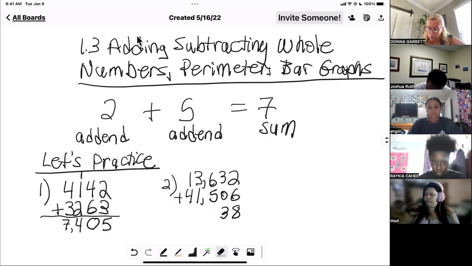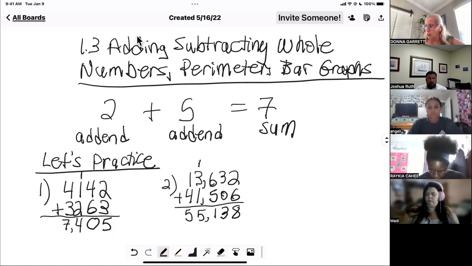Whoops, sorry, I hit the wrong button. 6 plus 5 is 11, carry the 1. 3 plus 1 is 4, plus 1 is 5. And 4 plus 1 is 5. This one you need your comma for the 55,000 part.